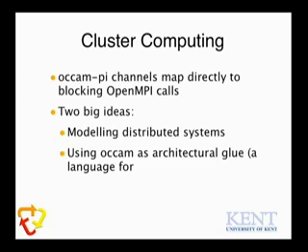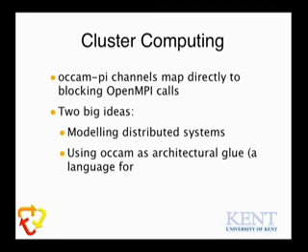First of all, we could model our distributed system in occam-pi. There was a paper published, at an IEEE conference, by a gentleman at Skype, where they modeled hundreds of thousands of users on their network using occam-pi.